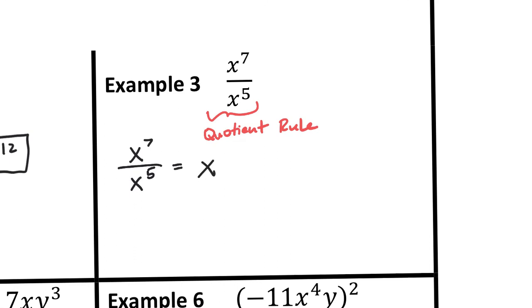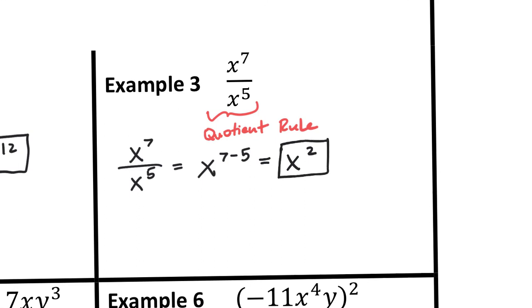Then we would write it as x to the power of 7 minus 5. You always subtract the top exponent minus the bottom exponent. So top minus bottom. And so that gives me 7 minus 5, that's 2, x squared.